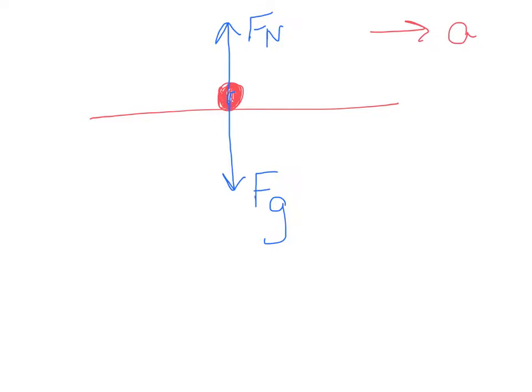We know it's moving to the right, so we have to have some force that's being applied. Okay? And we have friction. So friction goes back this way.